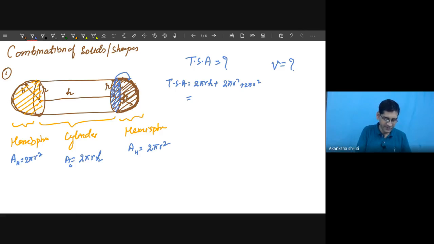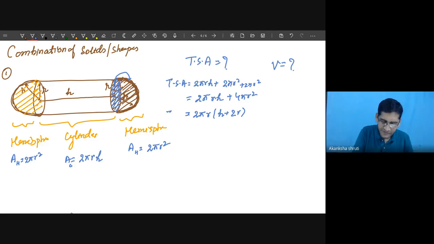Here, since we have considered the two ends with the hemisphere, it is forming one sphere, so 2 pi r h plus 4 pi r square. Many a time in MCQs, just the final formula is written, and you are asked which of these represents the total surface area. At that time, you have to do this small calculation and take the common factor 2 pi r outside, and you will be left with h plus 2 r.